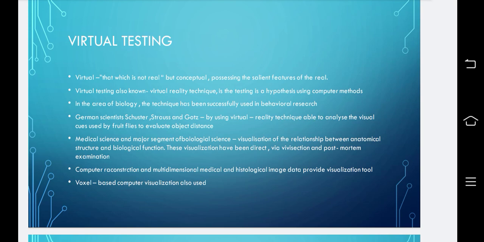Computer reconstruction and multidimensional medical and histological image data provide a powerful new visualization tool for biologists and physicians. And in basic research, voxel-based computer visualization has a very important role.